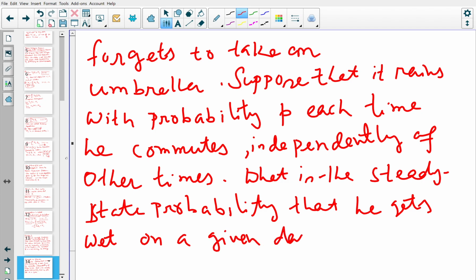So it's long term, you understand? Long term probability. Okay. Now you can solve this kind of problem using a Markov chain model.